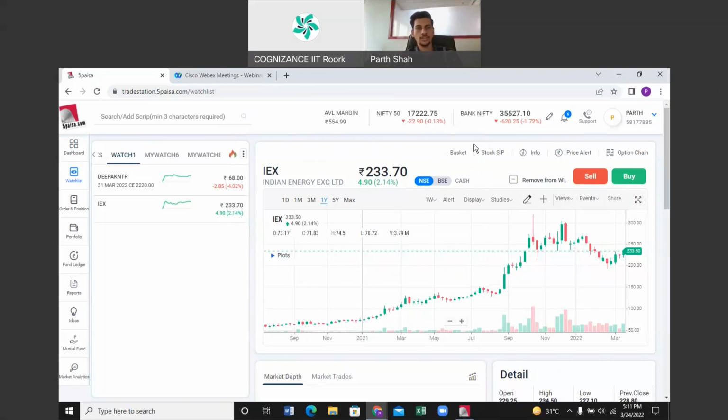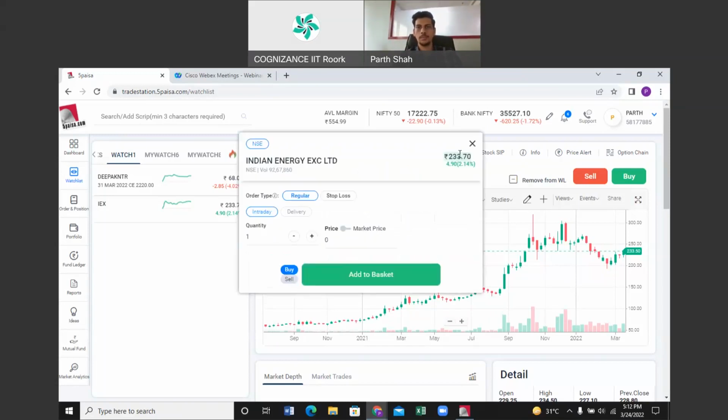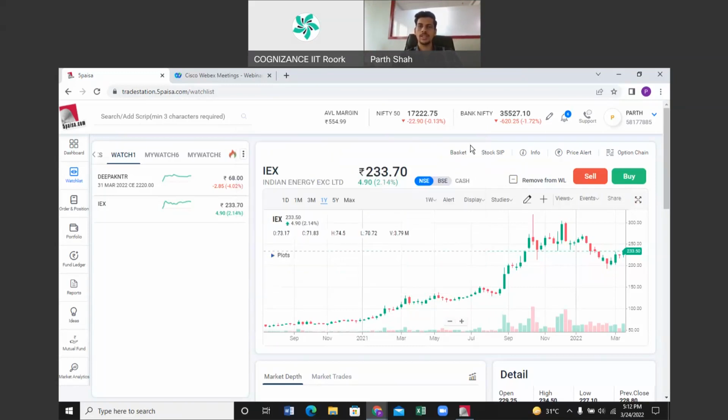Adding your orders to the cart, checking it out and paying for those orders, and then you get the delivery. The same concept applies here, where you can add the preferred stocks you want to purchase into a basket and click on the execute button to get all those stocks bought.